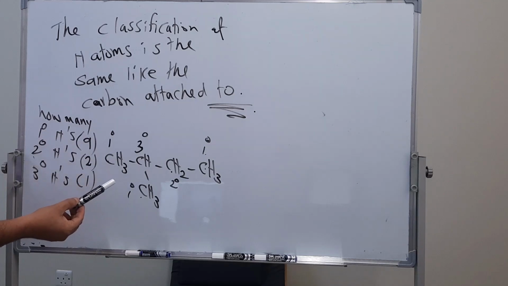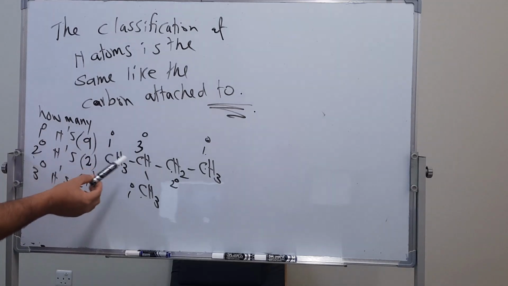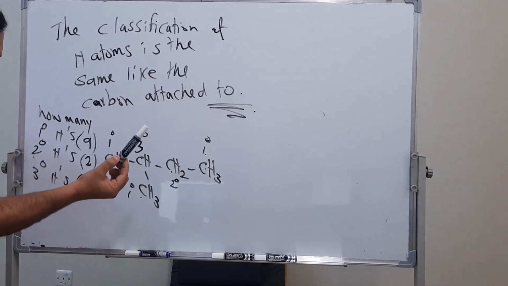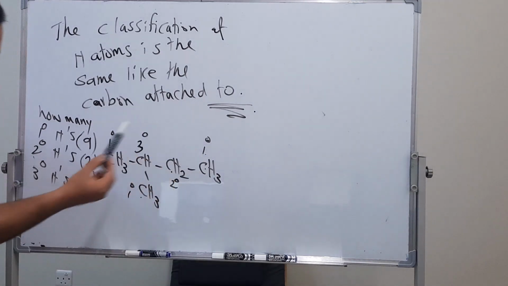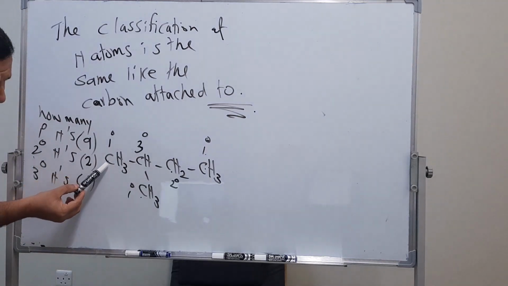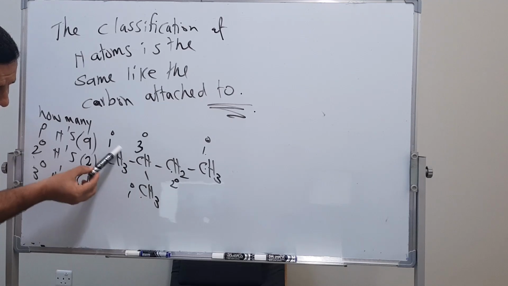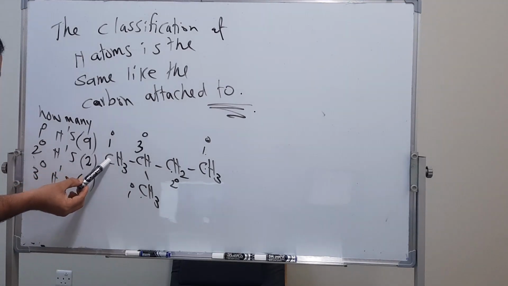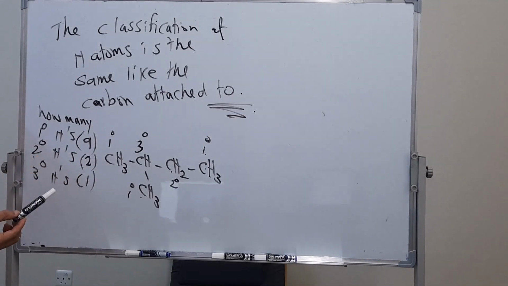This is a primary carbon, this is a primary carbon, tertiary carbon, secondary carbon, primary carbon, isn't it? Now, the hydrogens attached to each carbon have the same classification. This carbon is primary, that means these three hydrogens, because they are attached to a primary carbon, are primary too.